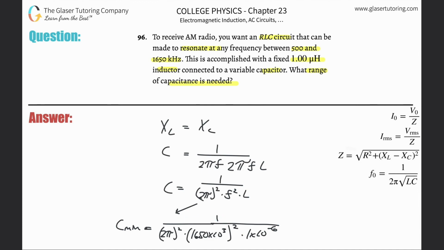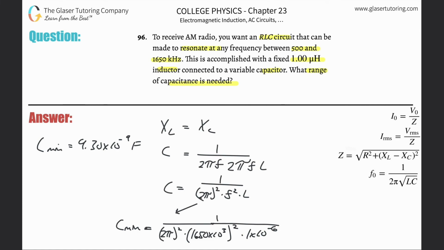So the C minimum here will be 1 divided by parenthesis, 2 pi squared, then multiplied by 1650 times 10 to the third squared, times 1 times 10 to the minus 6th, close those parentheses, and we get a value of about 9.30 times 10 to the minus 9th farads. You can call it microfarad, 9.3 microfarads, it doesn't matter.